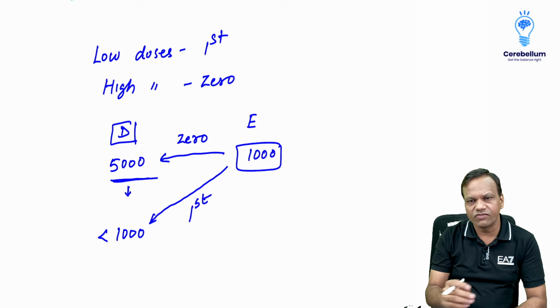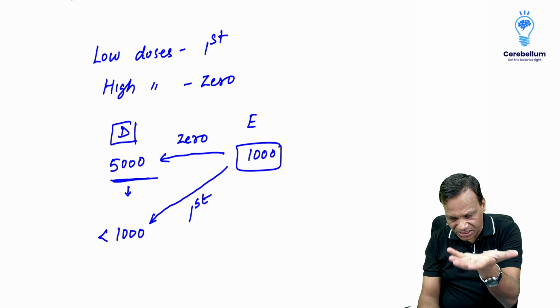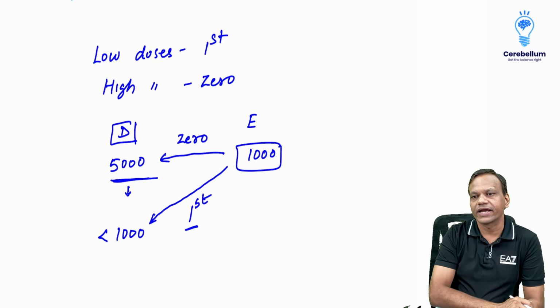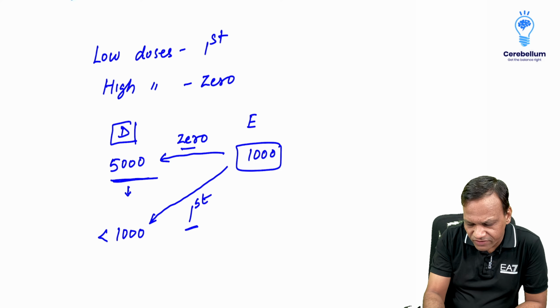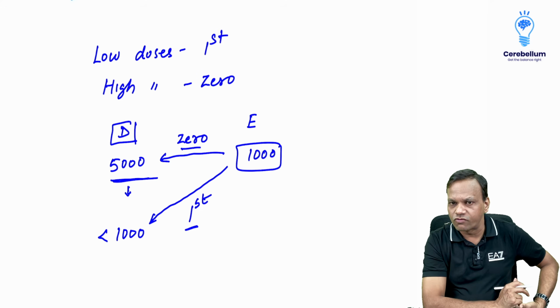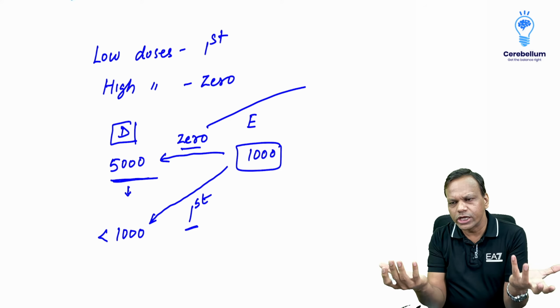So now it will start following first order kinetics. So any drug which follows zero order kinetics at therapeutic doses, whenever the plasma concentration becomes very low, will automatically change to first order kinetics. That means almost every drug which follows zero order kinetics will be converted to first order kinetics at low concentrations. So that's why zero order kinetics are usually not truly zero order.